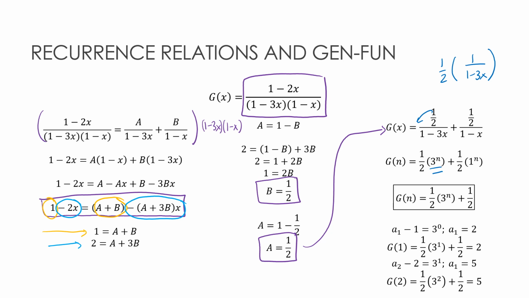Same thing if I look at this guy, it is 1/2 times 1 over 1 minus x. 1 minus x I can replace with 1 to the n, so I did. Here's my solution, and then I just did some checks to make sure that I wasn't way off base. But here is my generating function, and that is my solution. So remember, if they ask me now for a sub n, it's equal to that generating function. That's what's going to give me my solution.